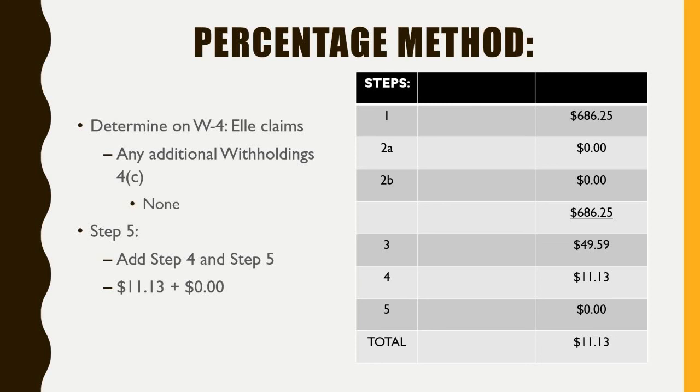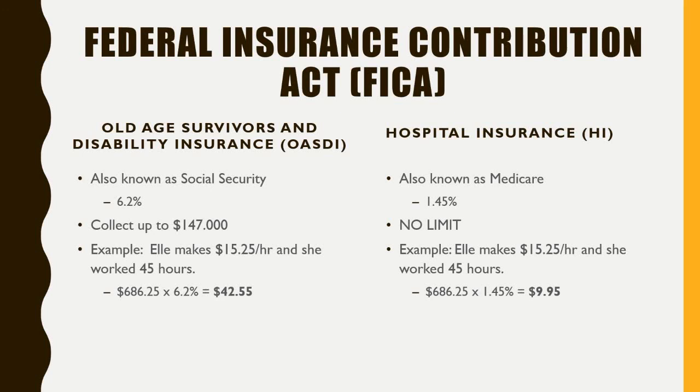All right? So that's calculating just the federal income tax. Now, what else is the employee subject to also have to pay into? They have to pay into their own FICA. What is FICA? FICA is the Federal Insurance Contributions Act.